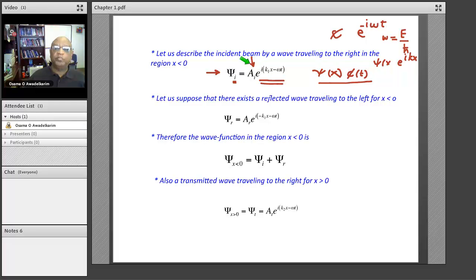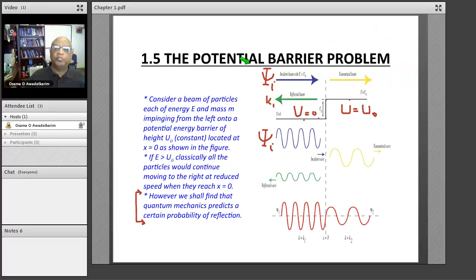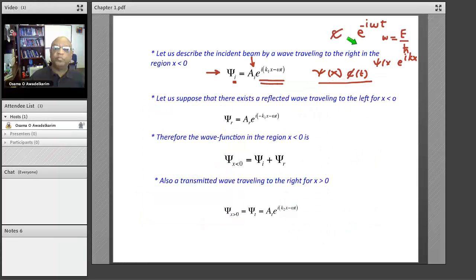Omega is the frequency, the energy of the particles. Remember also, since the energy is E, then omega is the total energy of the particles, E over h bar. Okay? So this is the incident wave, and it is in the region x less than 0.